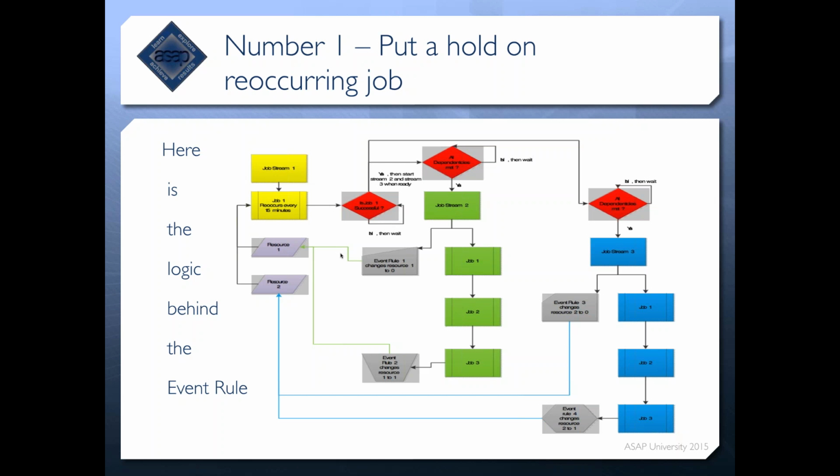Resource 2 is tied to stream 3, and when stream 3 starts, it changes resource 2 to 0. Stream 2 may not have run or may have already run through, so resource 1 is at 1. But resource 2 is at 0, so therefore the reoccurring job will not kick off. I think that answers the question.